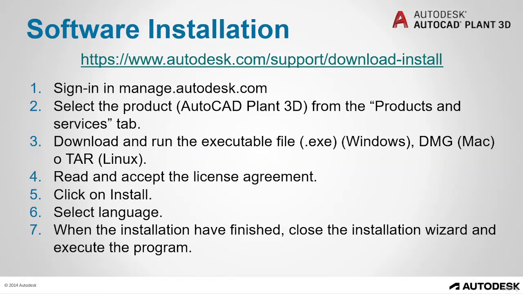You will then download and run the executable file: .exe for Windows, DMG for Mac, or TAR for Linux. Sorry for the typo here, there's a missing R. You will have to read and accept the license agreement, click on Install, select the language, and go through the installation wizard. When the installation has finished, you can close the installation wizard and execute the program.